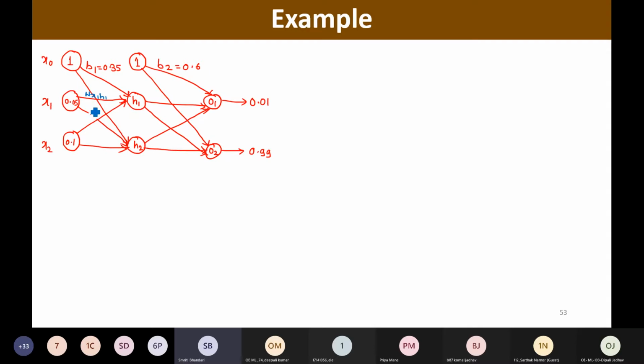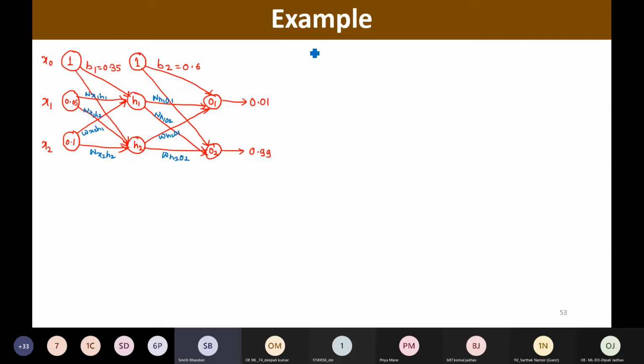This link is associated with weight W x1 h2. This link W x2 h1 and this link W x2 h2. Now this link, let us say W h1 o1. For this link W h1 o2. For this link W h2 o1 and for this W h2 o2. So these are the associated weights.